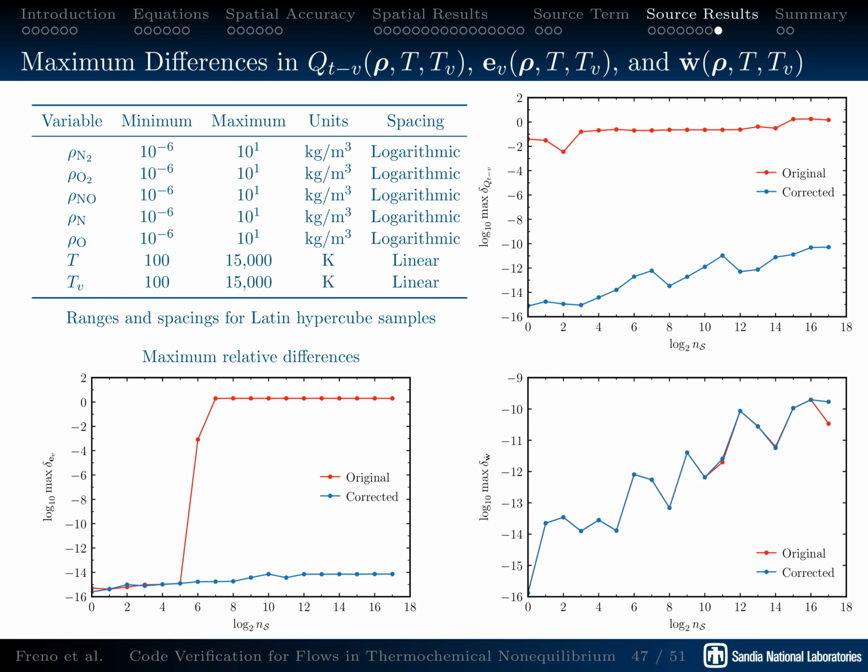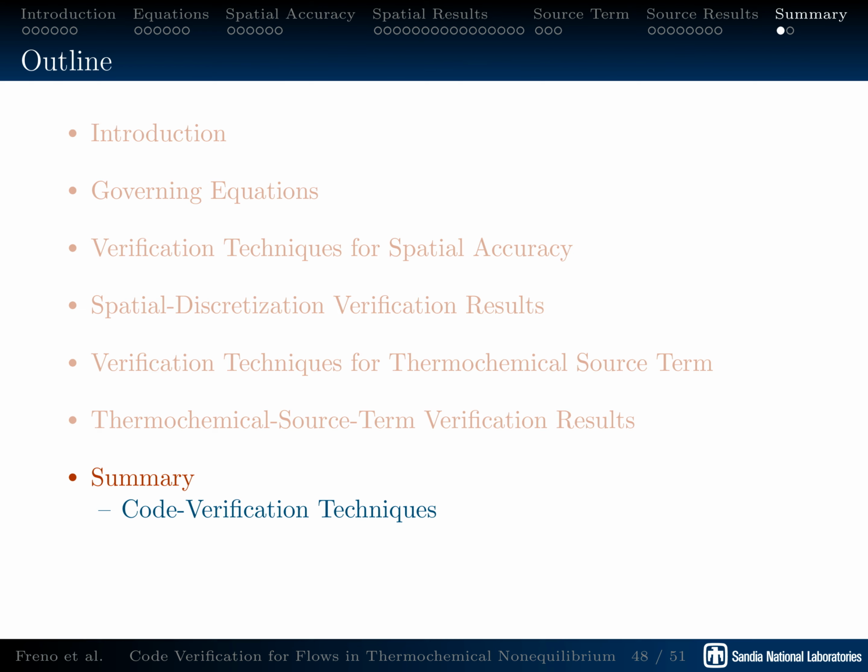Finally, we compare the convergence histories of the maximum relative differences before and after with respect to the number of samples. The discrepancies in QTV were immediately evident, whereas for EV, the discrepancies weren't evident until we used 64 samples.